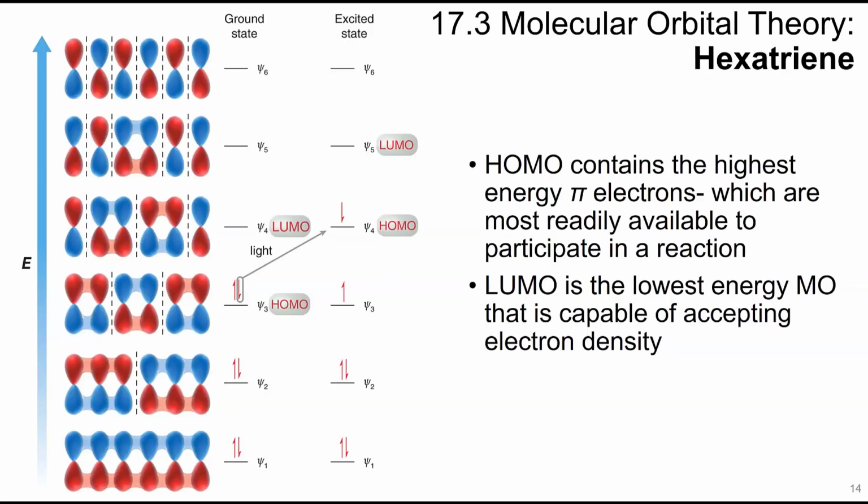So if we look at this and think about the HOMO and the LUMO, the HOMO contains the highest energy pi electrons, which are most readily available to participate in a reaction. So this is the HOMO, which stands for highest occupied molecular orbital.